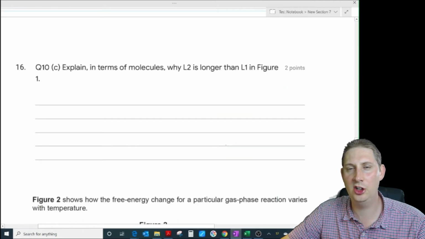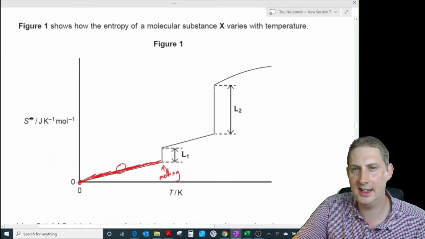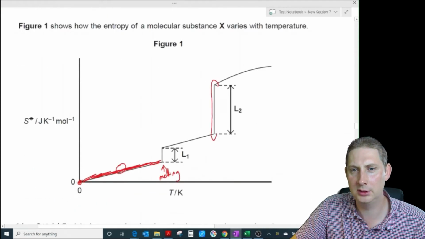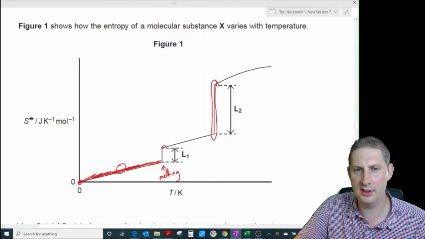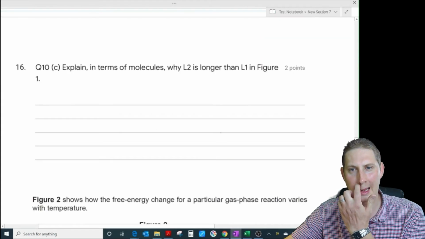Explain why L2 is longer than L1. So why is this a bigger jump than this? Well, I think most people got the right idea here.